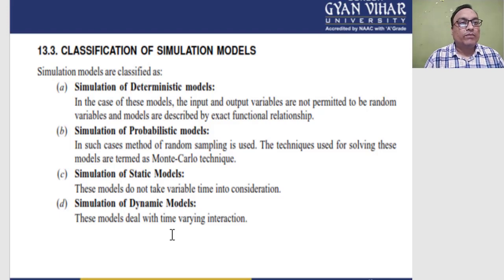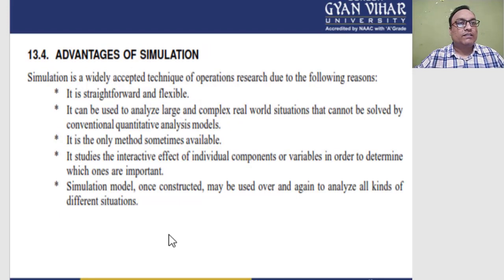And simulation of the probabilistic model, in such cases, the method of random sampling is used, and the techniques used for solving these models are termed as Monte Carlo techniques. And the fourth method is simulation of static models. In this case, these models do not take time variables into consideration, and the simulation of dynamic models deals with time varying interaction. So these are the different types of models that provide different kinds of analysis for simulation.